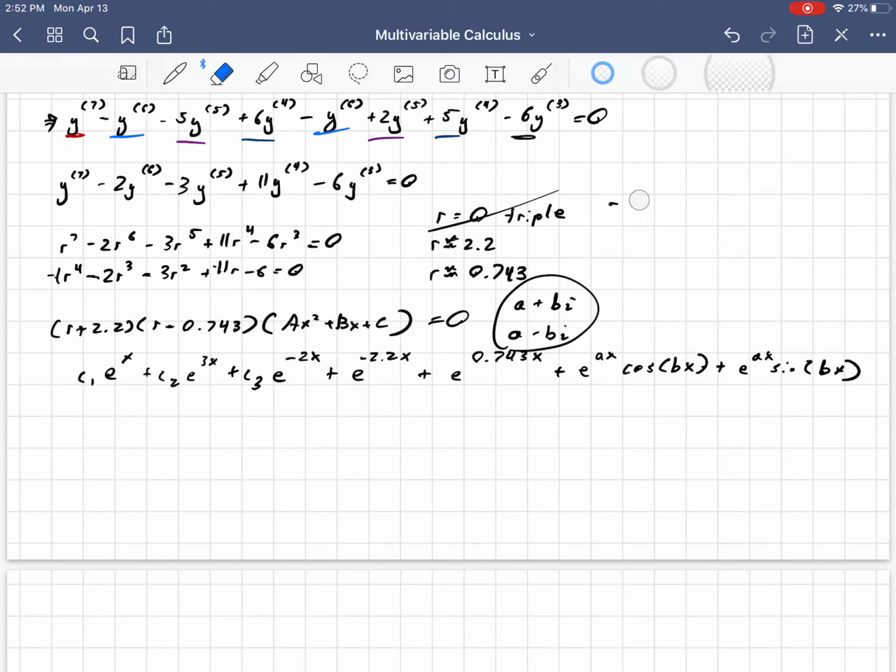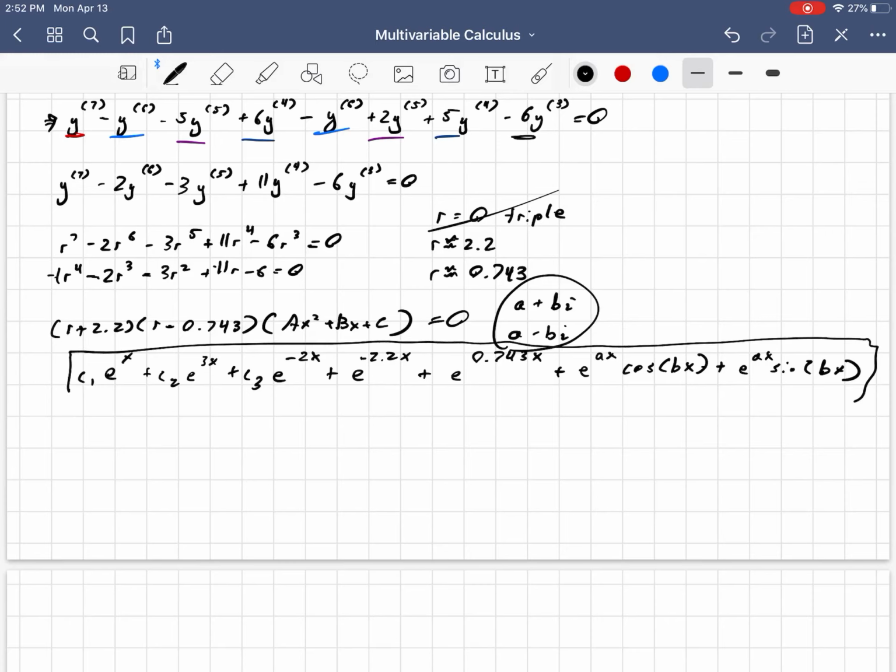Whatever a and b actually happen to be. I just don't want to do synthetic division with the negative 2.2 and the 1, negative 2, negative 3, 11, and 6, and then with the 0.743, that's just a lot of algebra. But whatever a and b are, this is the general solution to the differential equation.